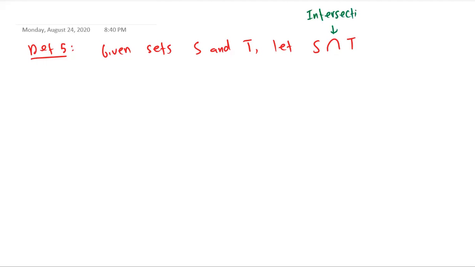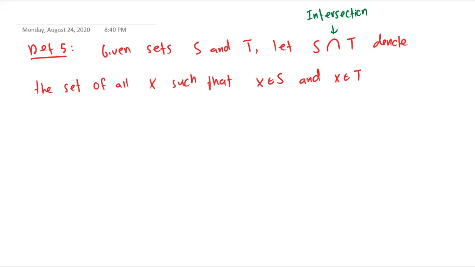So before, the upward looking cap is a union symbol, the downward opening cap is an intersection. So let S intersection T denote the set of all x such that, what are the defining properties? Well, x has to be in S and x has to be in T.